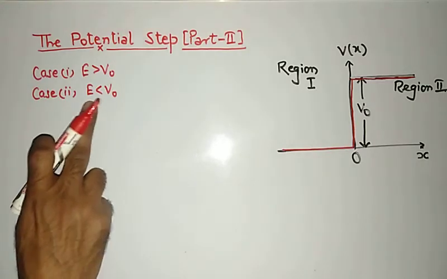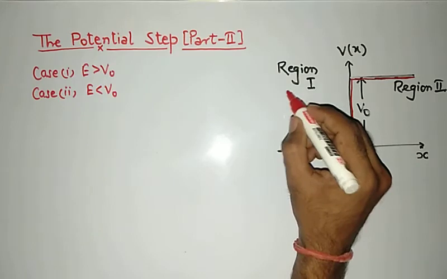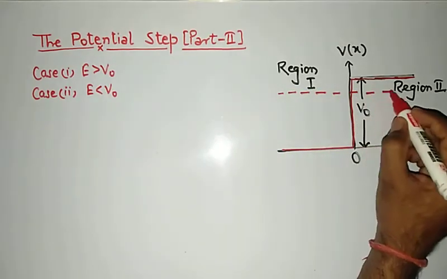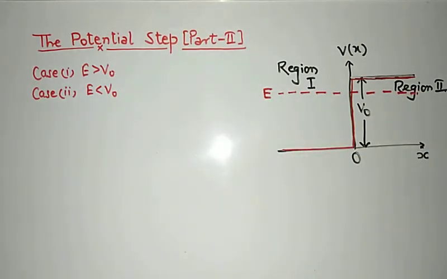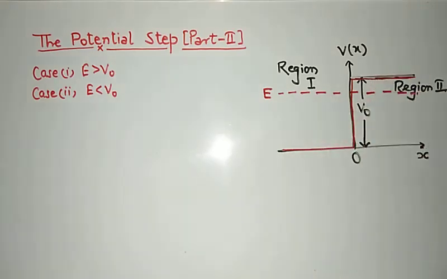In case second, we have E less than V naught, so let this line be for E. Whatever particle we take here, its energy will be less than the potential height.